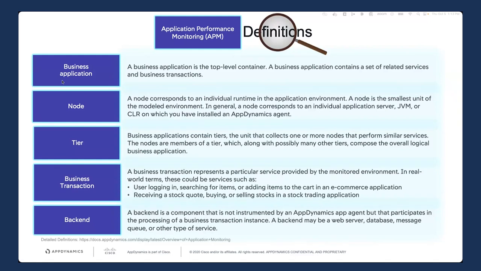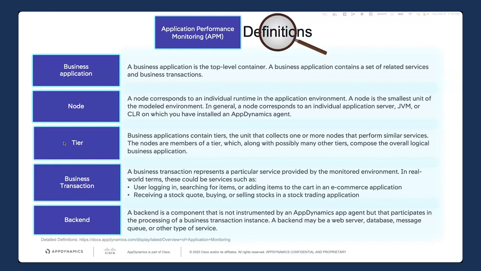Then underneath that top layer is what we call a tier. An application can be made up of 1 tier, 2 tiers, 3 tiers. Within that tier, that represents a specific function, for example, web UI. That tier will basically perform the same service or function within that application.